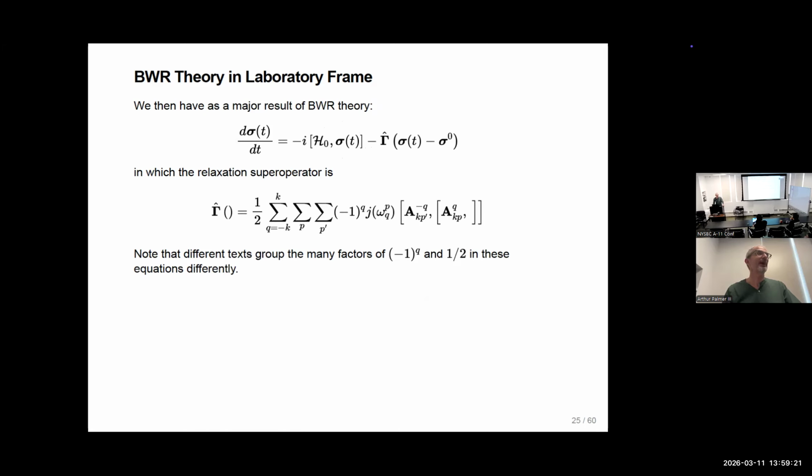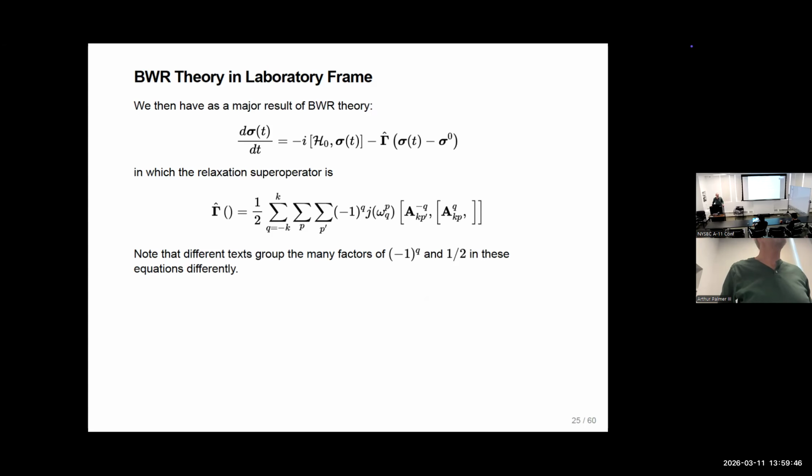The effects of the cross relaxation were quenched by the relative phase evolution. And that relative phase evolution came from this part of the equation, the commutator of H naught with sigma. That's why we didn't see it in our analysis.